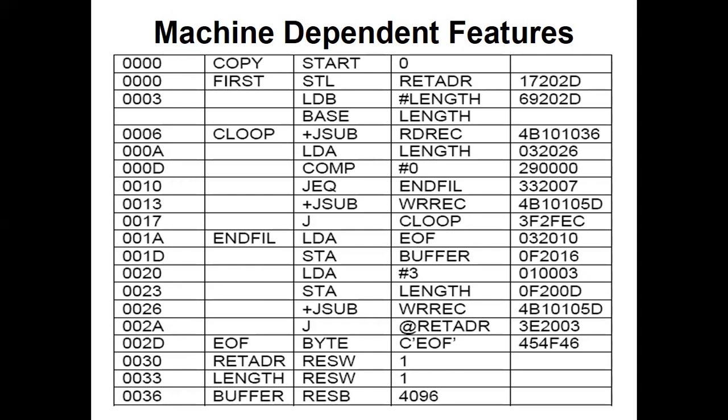Then we have flags N, I, X, B, P, E, and then a displacement, which is 12 bits. Okay, you have written that?